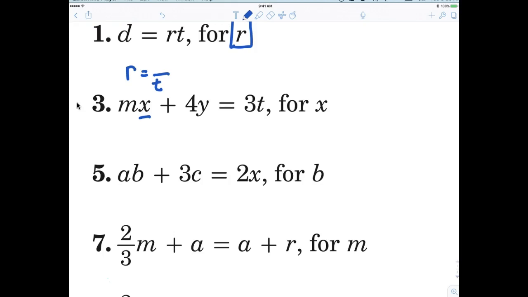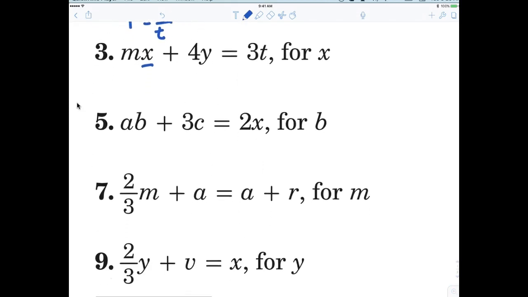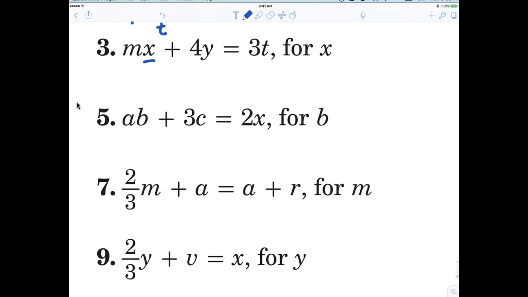Now, stop and look up. Here's what I want you to be able to do. I want you to be able to say x is equal to 3t minus 4y all over m. If you can do that, that's where you should be. I don't want you to do minus 4y and minus 4y. You know you're isolating the variable.